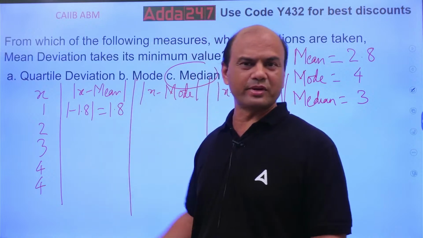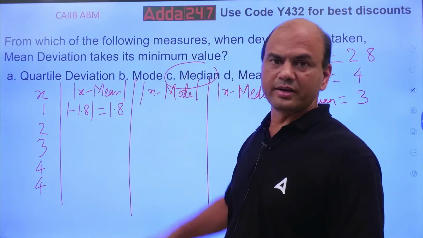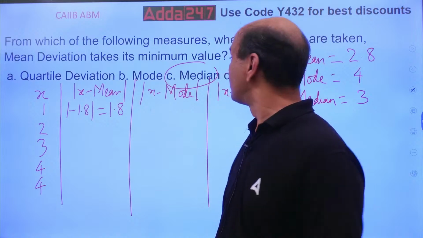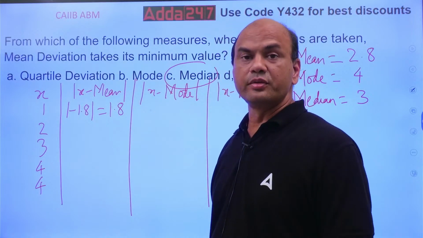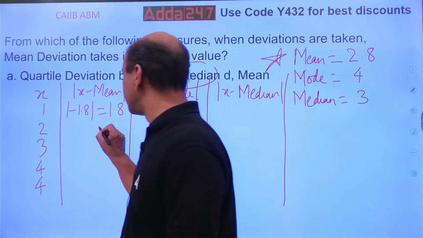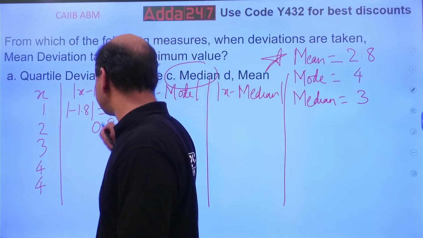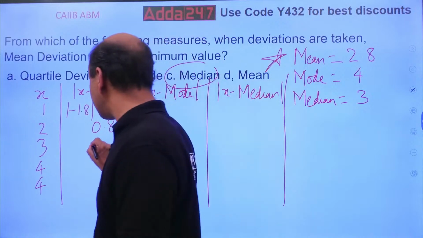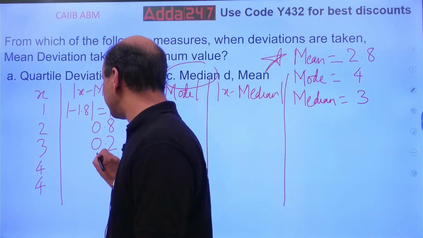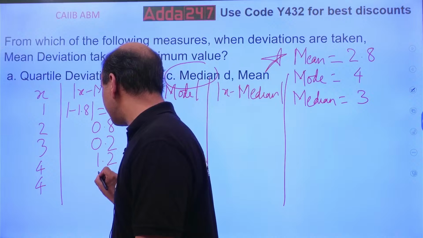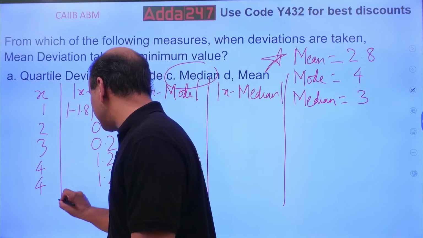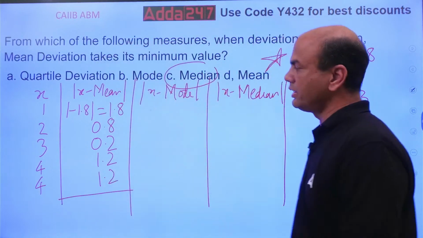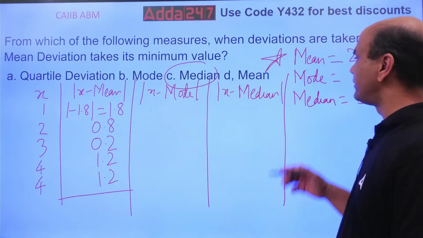Same for everyone. 2 minus 2.8 is minus 0.8, so plus 0.8. 3 minus 2.8 is 0.2, already plus. 4 minus 2.8 is 1.2, and again 1.2. Similarly, find out for mode now.